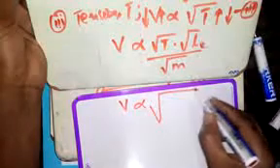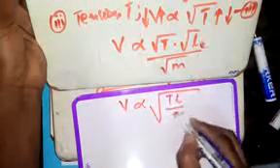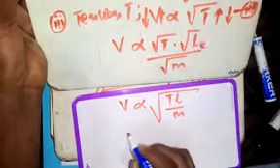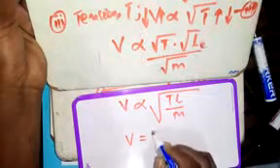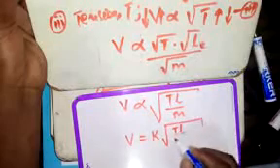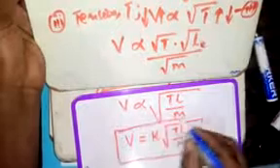We can remove the proportionality sign. We have V equals K under root of tension L over M.